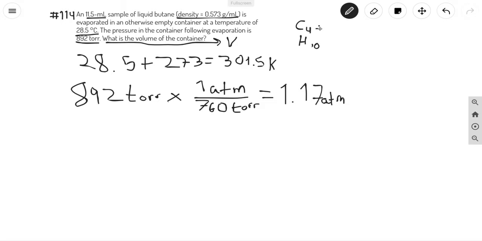So carbon has a molar mass of 12, and since there's 4 carbon, it would be 12 times 4, which is 48. And hydrogen has a molar mass of 1.008, but I'm just going to use 1. So 1 times 10 is 10. Then you add it together, and then you get 58. So 58 would be the molar mass of liquid butane.